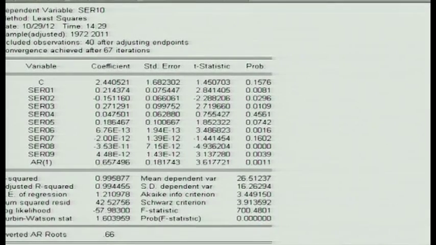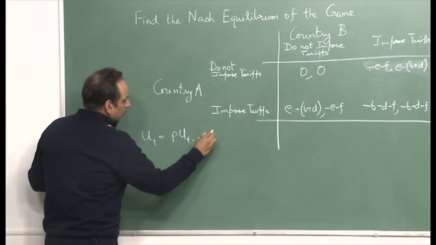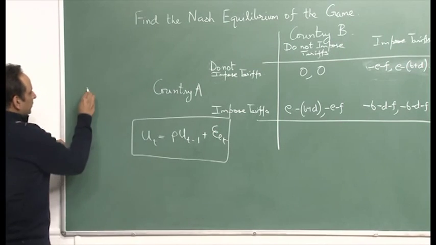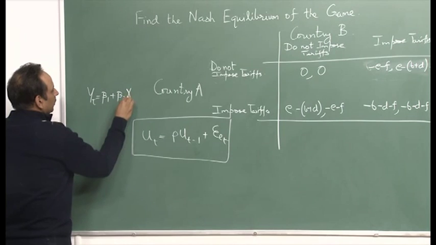And so, 7 and 8, 8 is our Indian GDP and it comes with a negative sign, and 9 is the GDP in the foreign country. And AR1, please recall, it is an autoregressive structure of order 1.